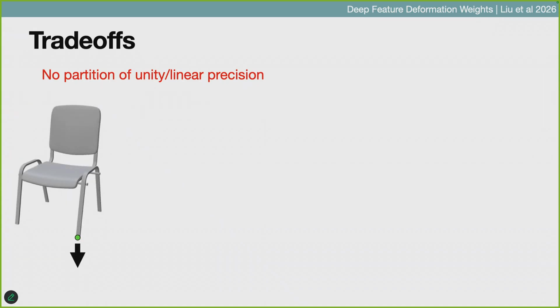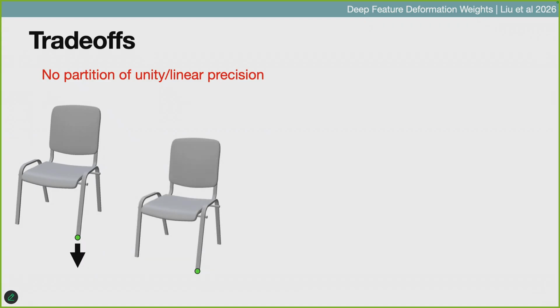Okay, so of course this method comes with trade-offs, especially when compared against the previous work done by traditional optimization-based skinning methods. So, for example, we don't guarantee any kind of partition of unity or linear precision. And this property is typically enforced to guarantee that if the same deformation is applied to every handle, the deformation is perfectly reproduced across the surface.